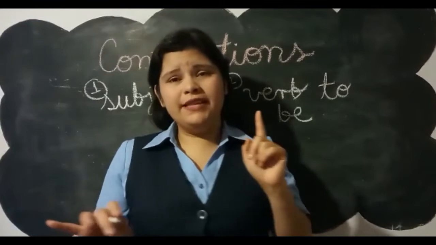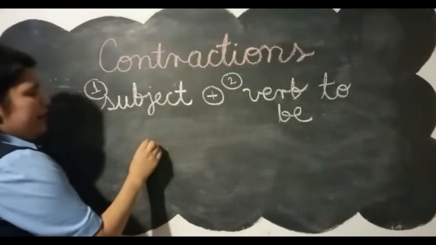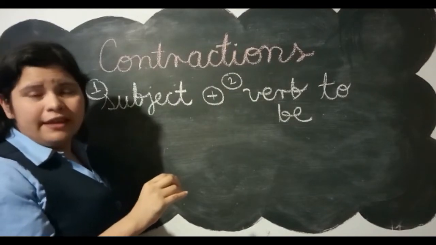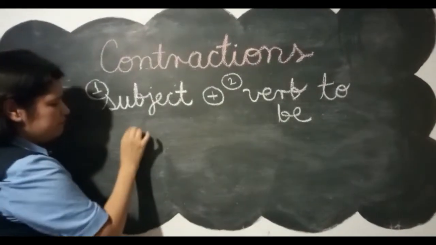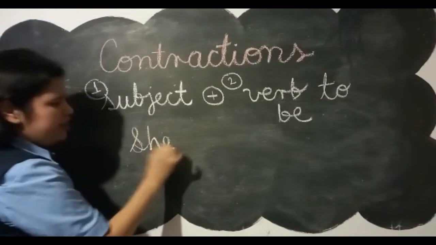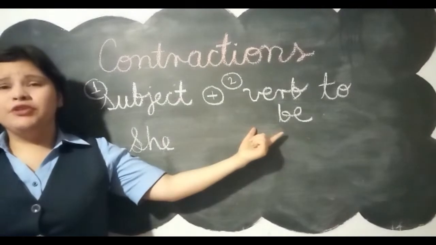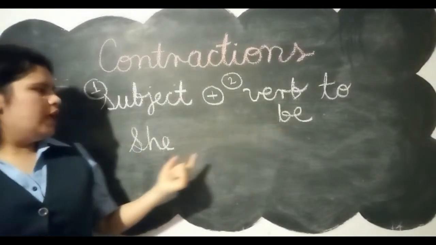For example, pay attention. I'm going to have a subject. In this case, my subject is going to be she. Now think, what is the verb to be that I have to use?